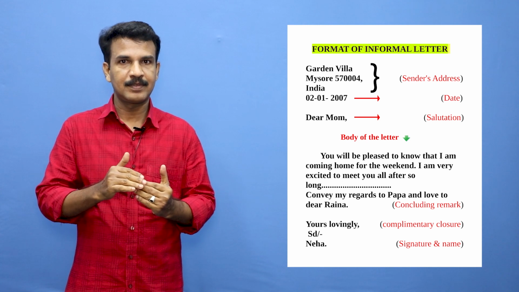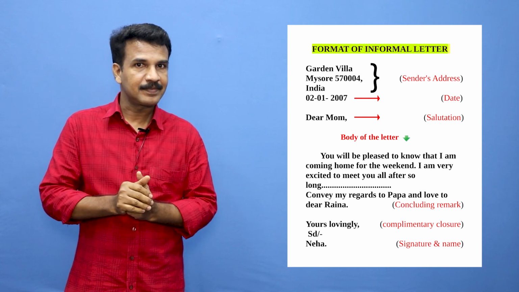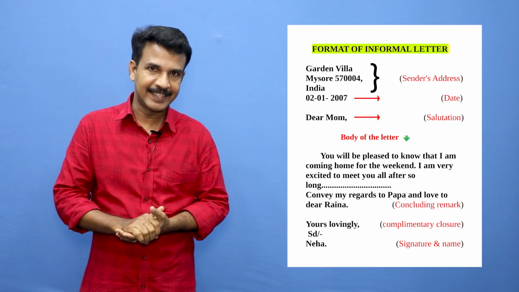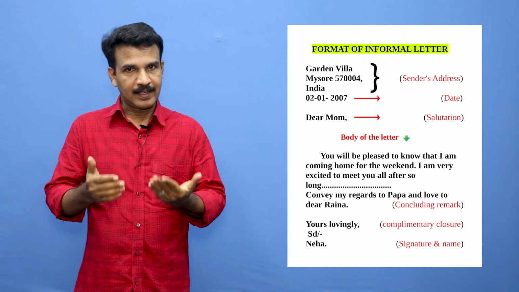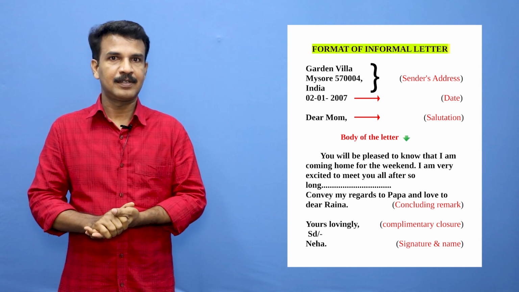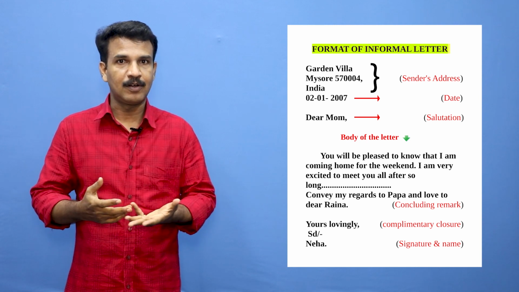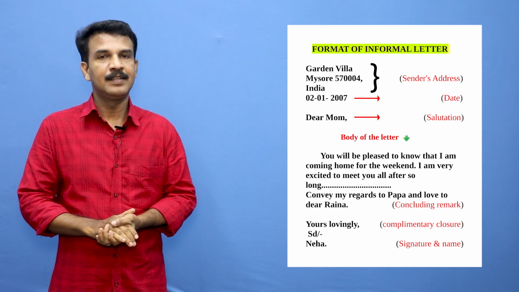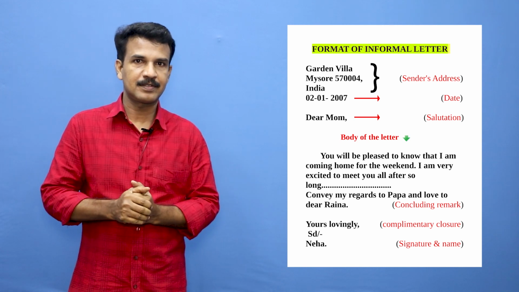And the next item is the date. Sender's address, then comes date. After that, salutation. My dear mom or my dear friend, just like we can say anything. Then the body of the letter comes.